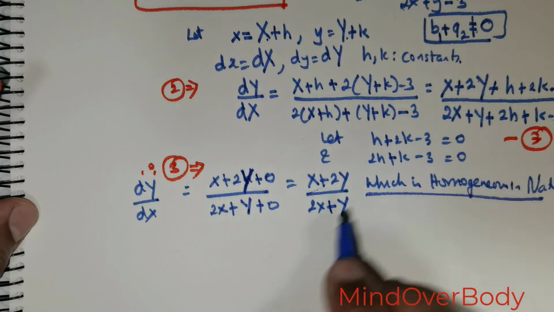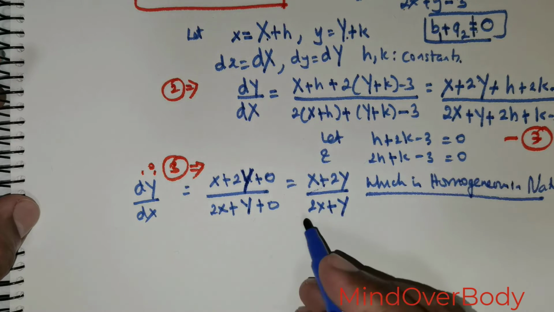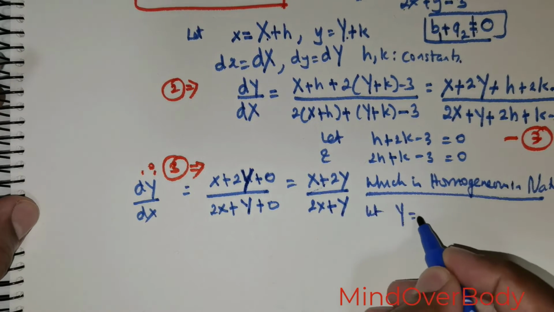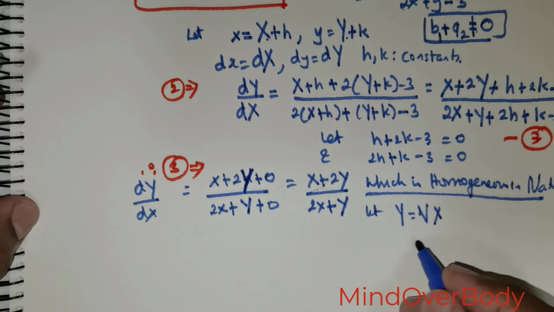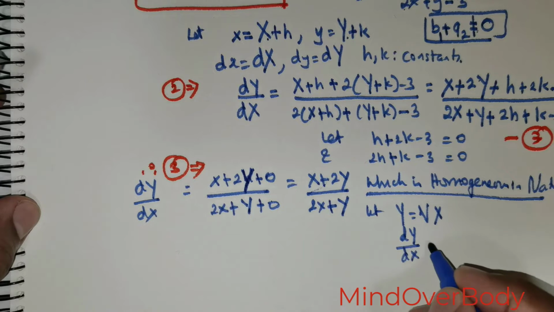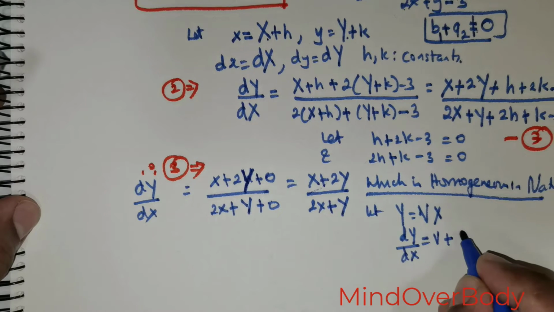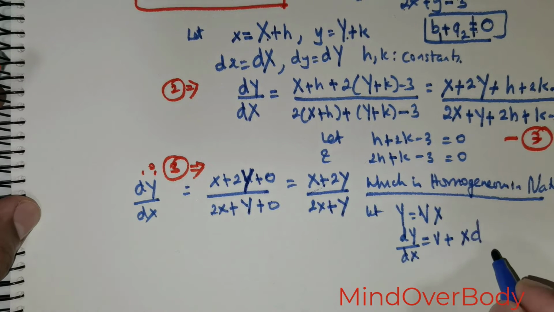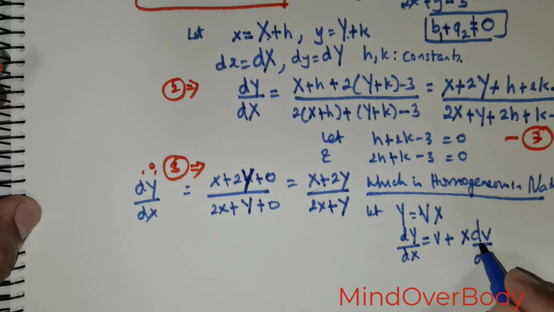Okay, now because it is homogeneous in nature, what I can do is let y be equal to capital V times x. So differentiating this, I get dy over dx is equal to v plus x times dv over dx.